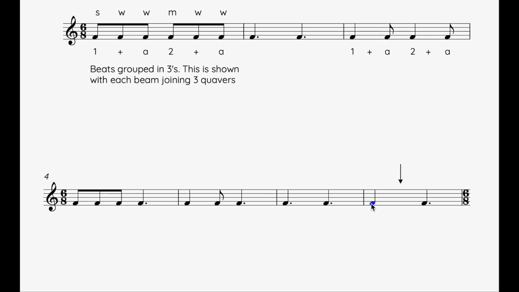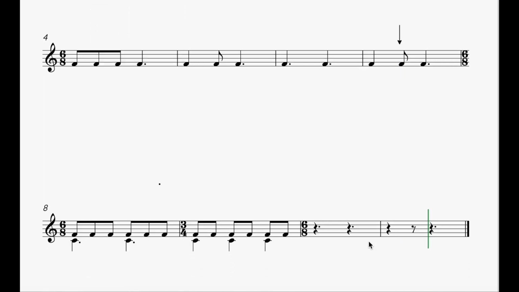No, we've only got the crotchet which takes up 2 of the quavers. Here we have the dotted crotchet. So that second group of 3 is all taken care of. We just have to complete this first group of 3. And the simple way to do that is to put in the missing quaver. And now that bar is completed.